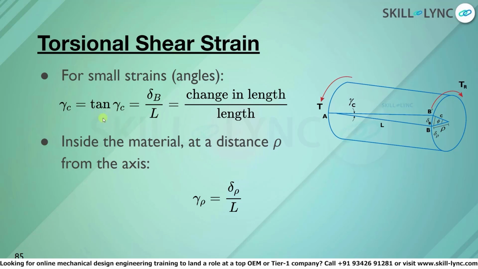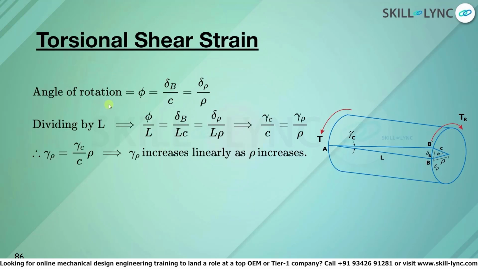But for small angles, tan can be neglected and gamma C is equal to del B by L. And again, inside the material at a distance rho from the axis, gamma rho is equal to del rho by L. Now for the angle of rotation, theta, for the distance C it is del B by C, and for distance rho it's del rho by rho. Dividing by L in all these equations, we get gamma C by C equal to gamma rho by rho, after simplifying L.